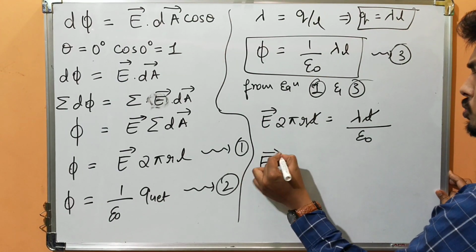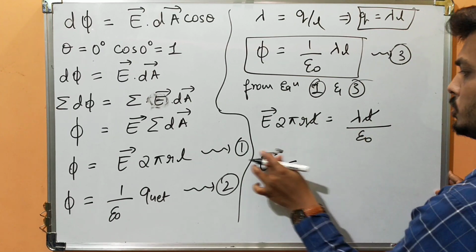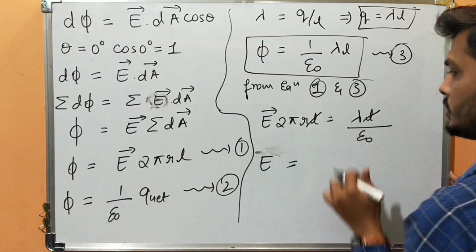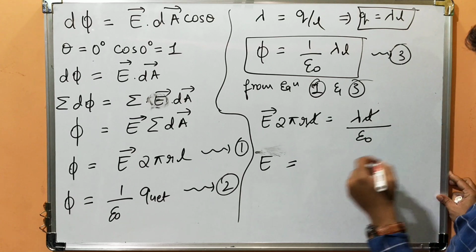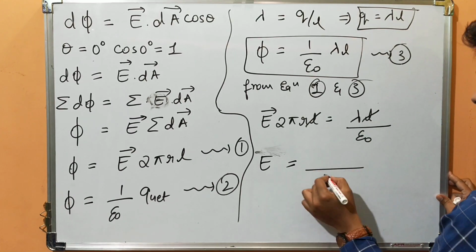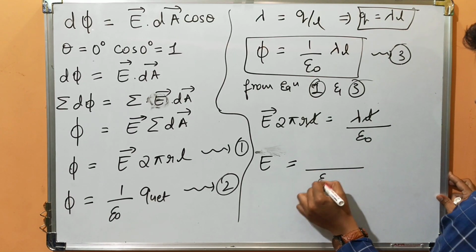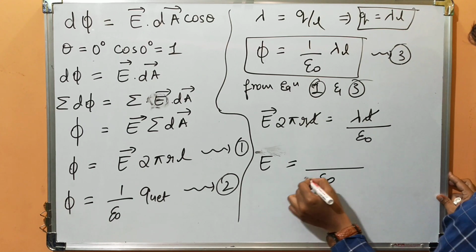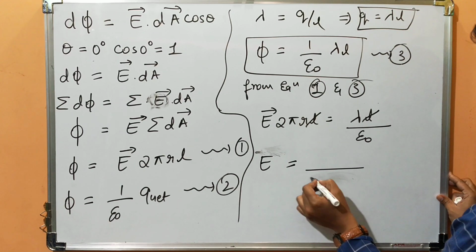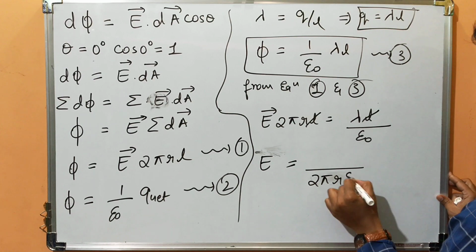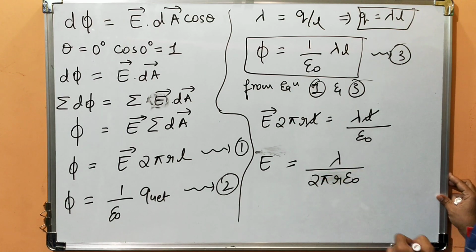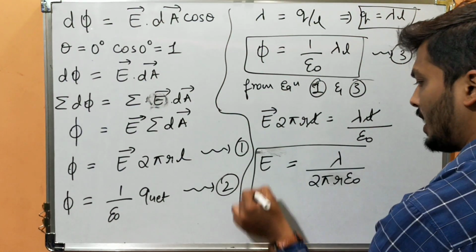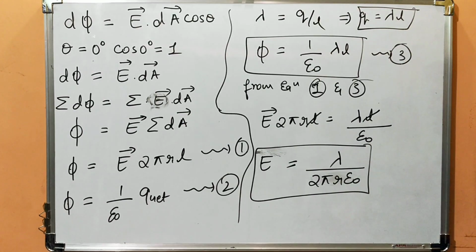E will be equal to lambda divided by 2 pi r epsilon naught. So this is my electric field.